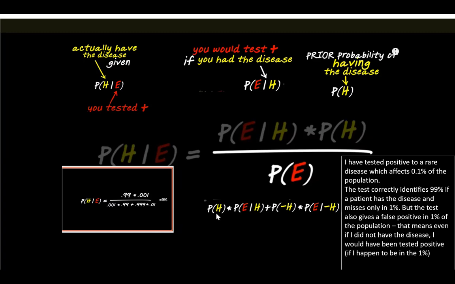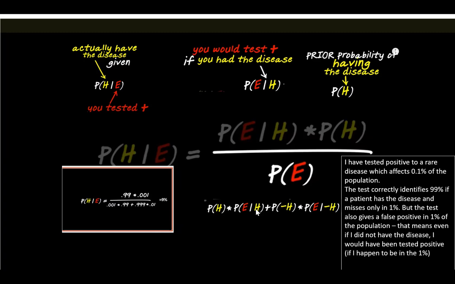The total probability is the addition of two things. One is the probability of having the disease, that is P of H, and the probability of having the disease and correctly getting hold of it, detecting it.